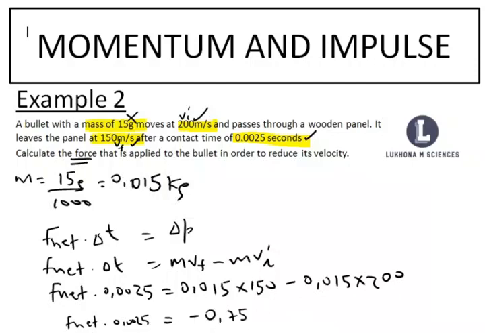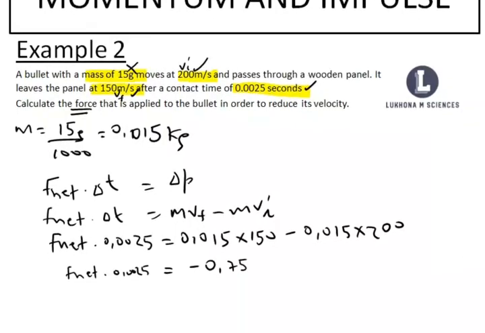Then we divide by 0.0025 on both sides. So F net is equal to negative 0.75 divided by 0.0025.